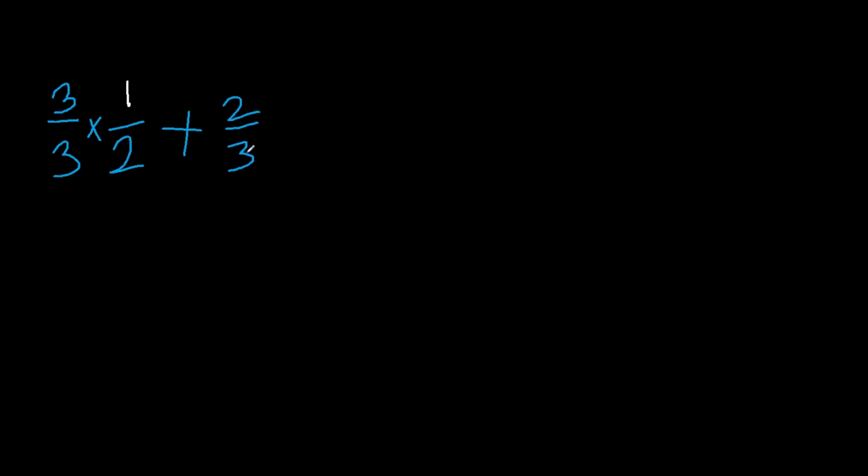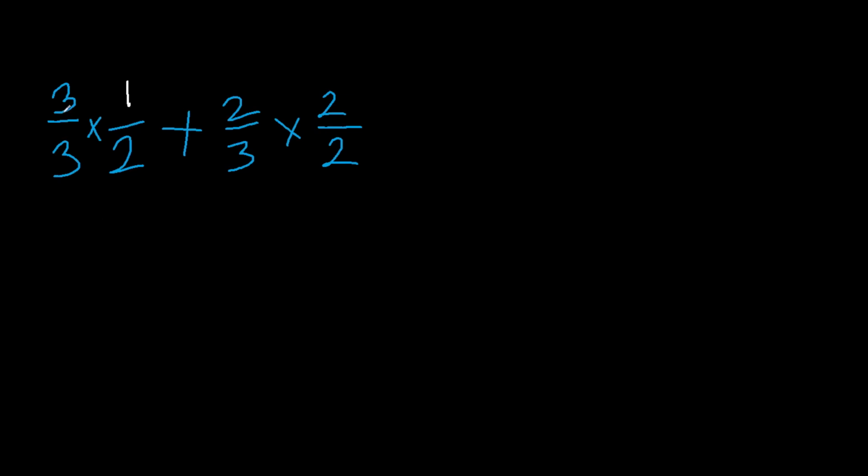Take the denominator on this side, the 3, and on the other side take the denominator 2. As we saw before, 3 over 3 is the same as 1, 2 over 2 is the same as 1. So anything times 1 just remains the same.